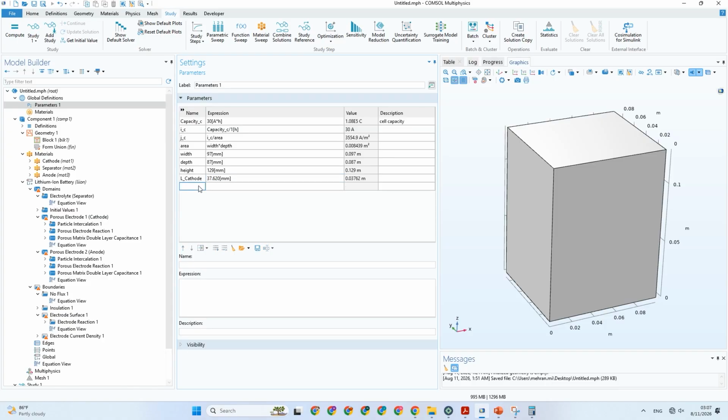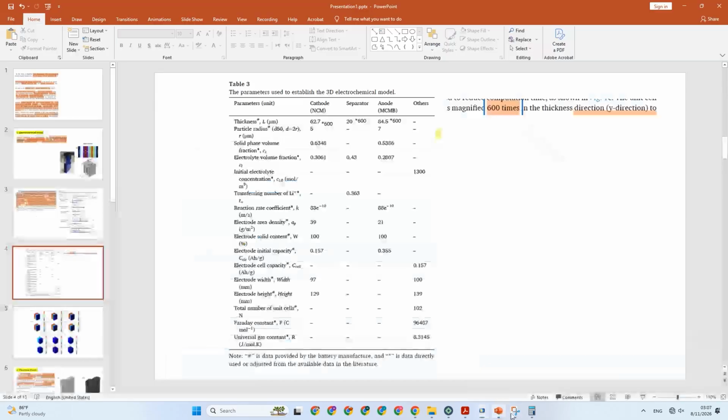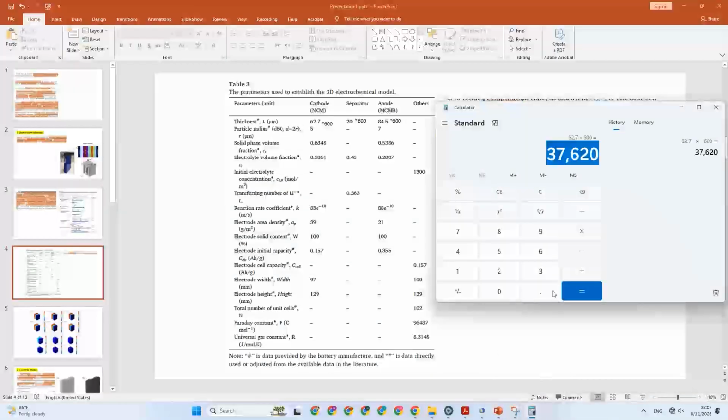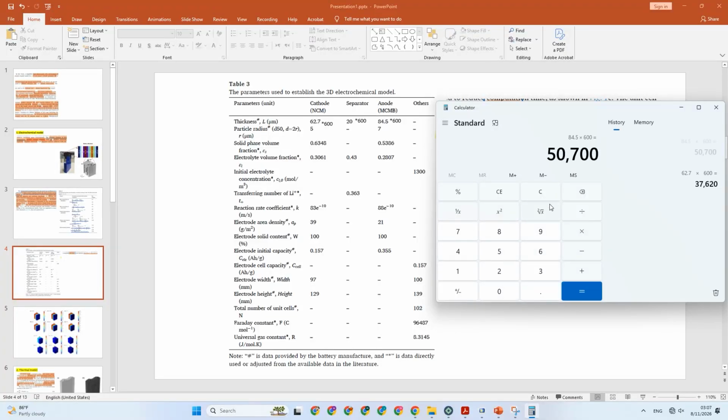Nice. And the next one is L anode. It's 84.5 divided by 600 is 50.